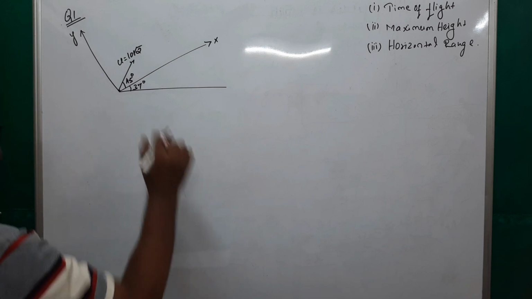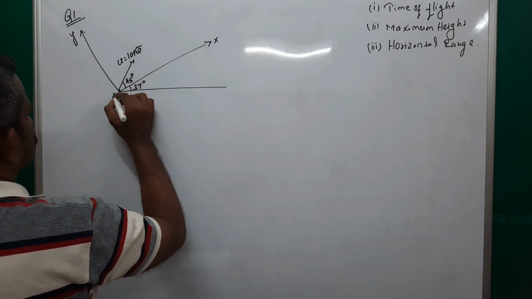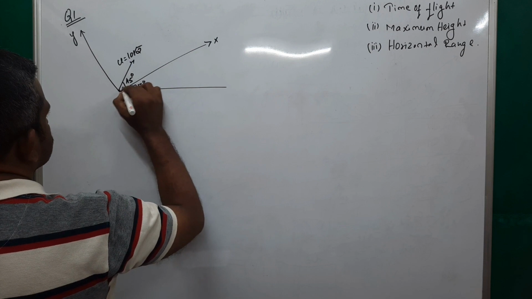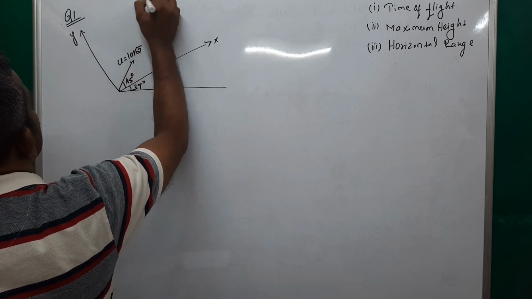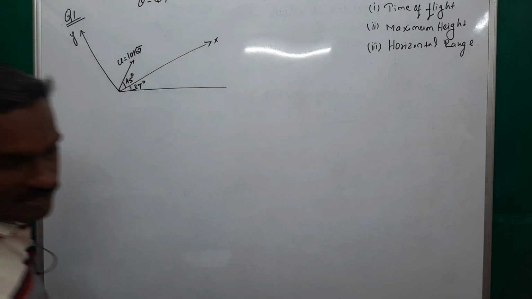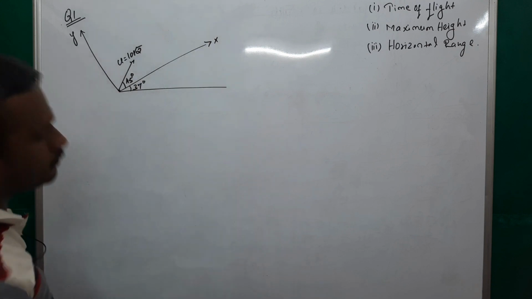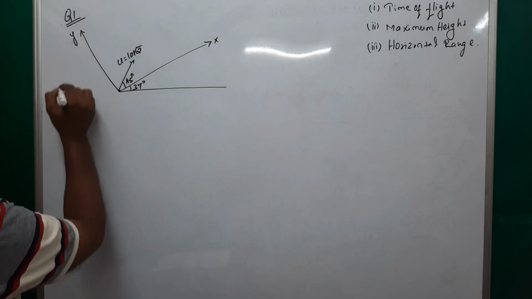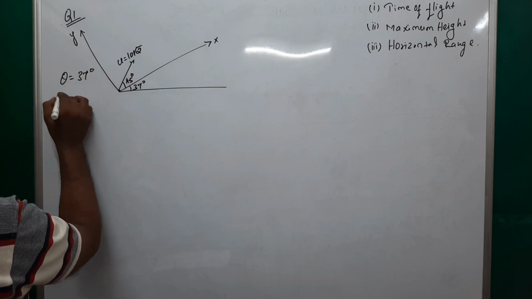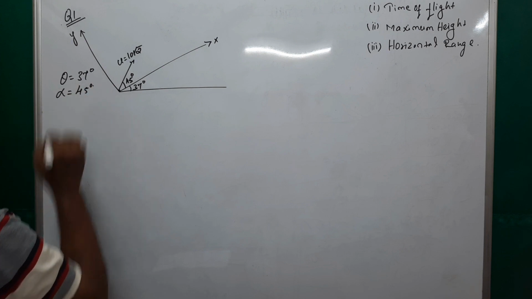So here what is theta? Theta is equal to 37 degree and alpha is equal to 45 degree.